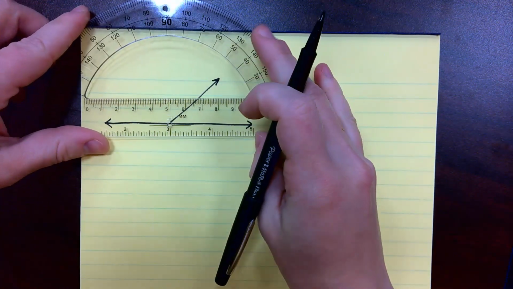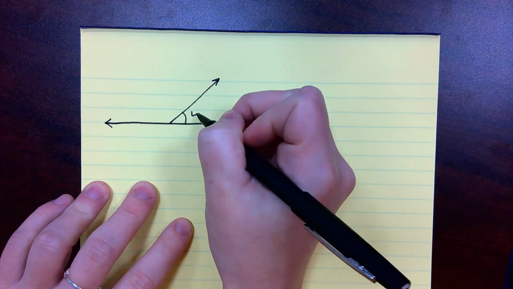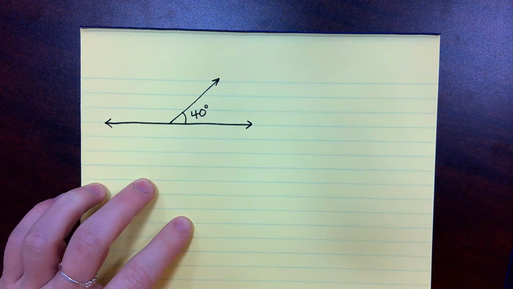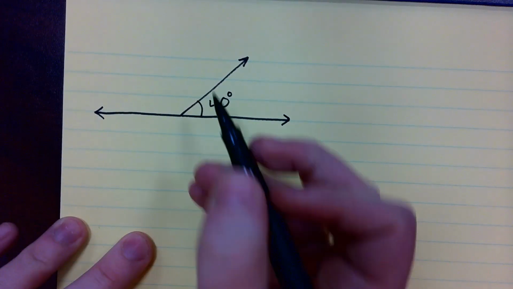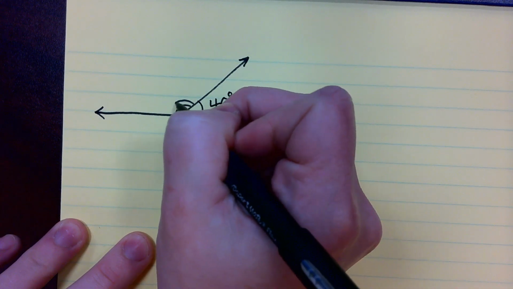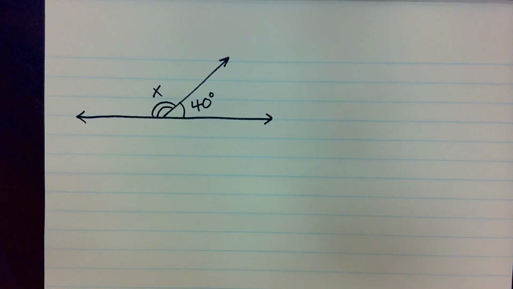Just get the rough estimate. Say this is 40 degrees, and this is X. How could you figure out what X is? Any ideas?